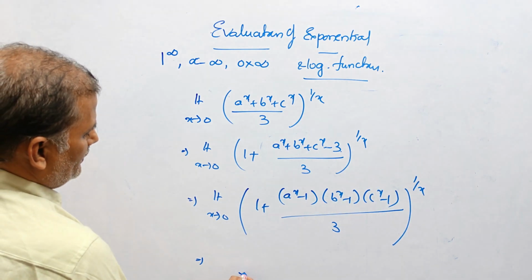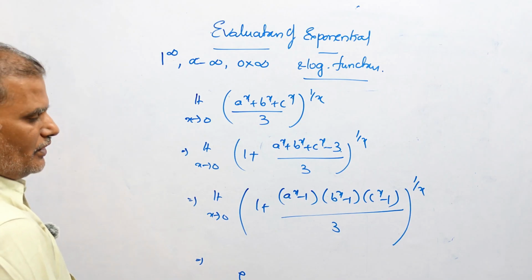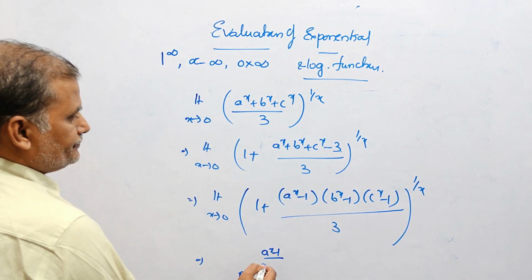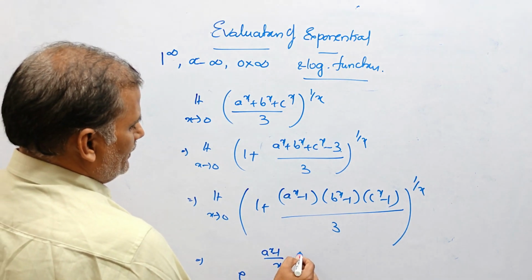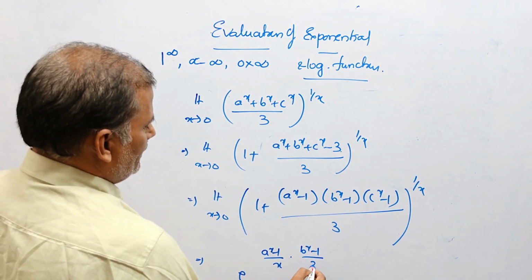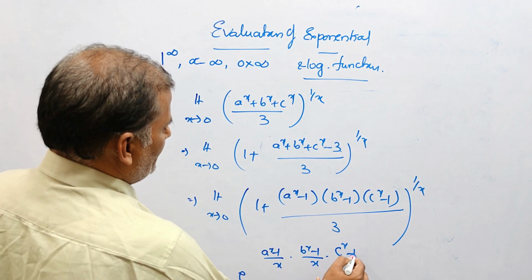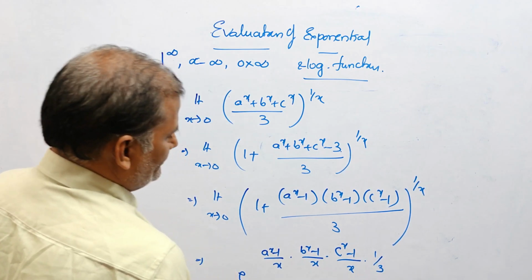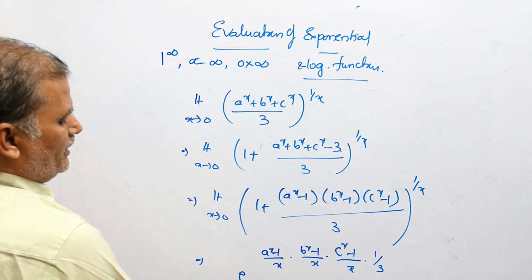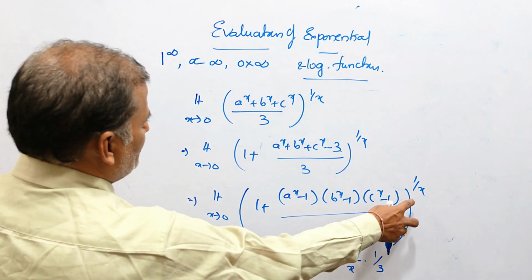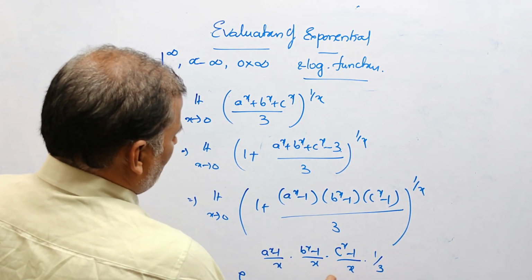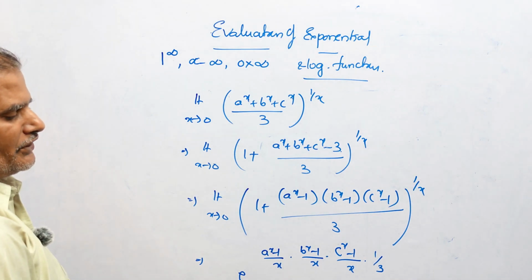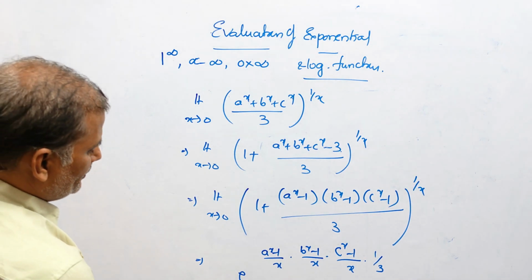Now I apply e power limit of (a power x minus 1 by x, b power x minus 1 by x, c power x minus 1 by x) into 1 by 3, because it is e power f of x into g of x, and g of x means 1 by x. That 1 by x can be written as (a power x minus 1) by x plus (b power x minus 1) by x plus (c power x minus 1) by x.